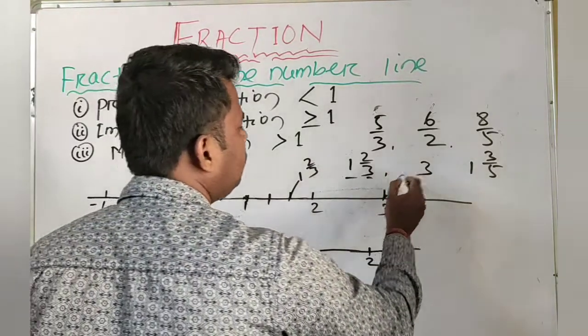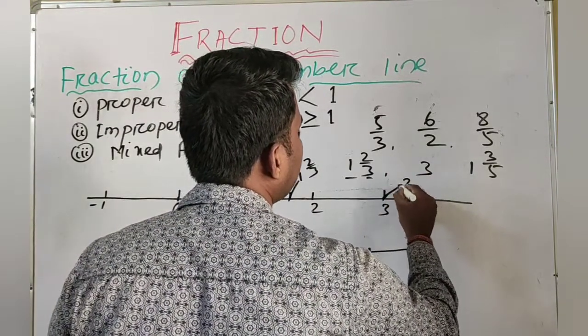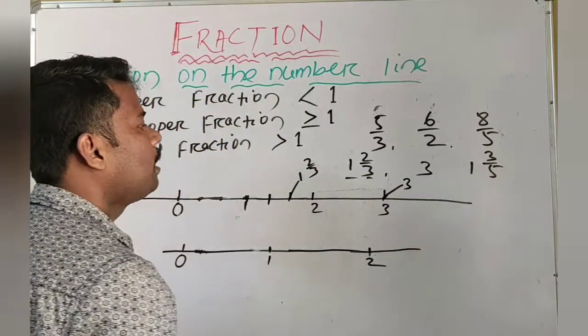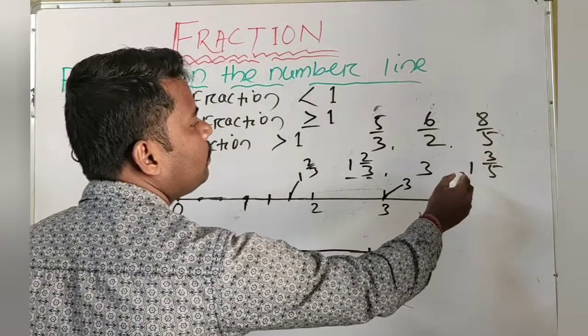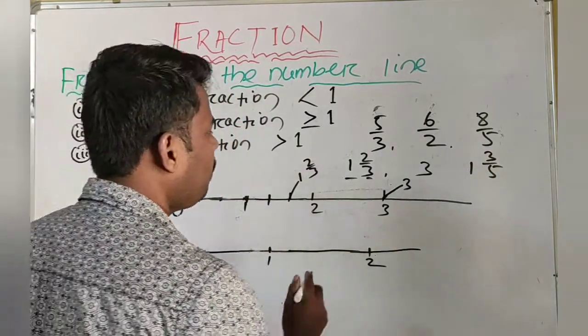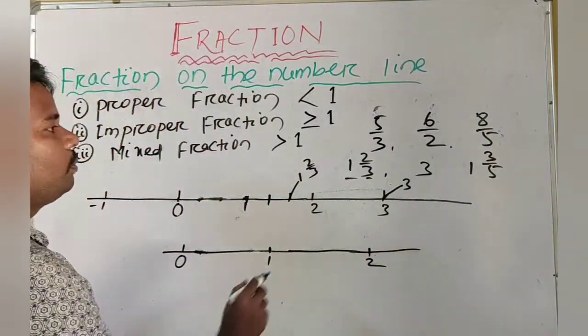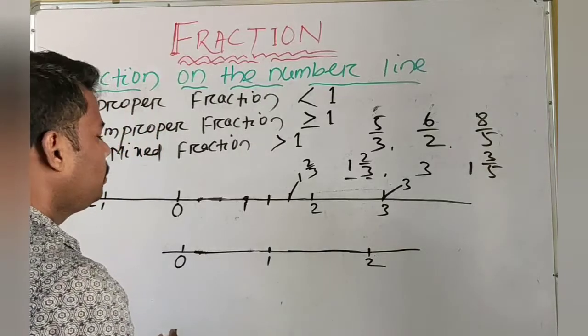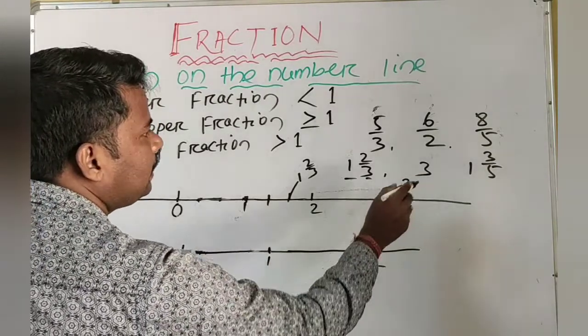Then 3. 3 means directly you can write that this one is the whole 3 part. And next we will represent 1 whole 3 by 5 on the number line. So 1 whole 3 by 5, 1 whole, so more than 1, and 3 by 5.